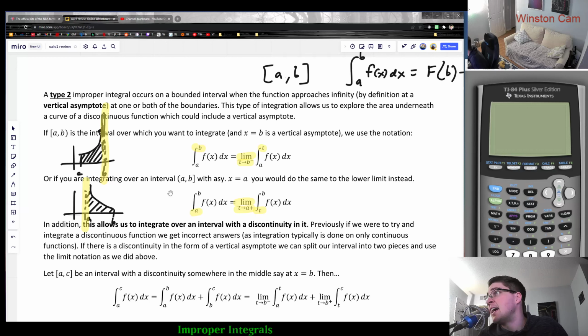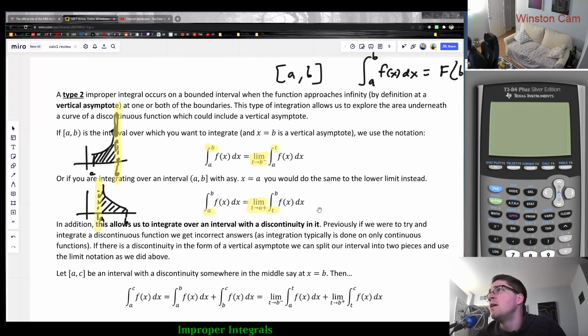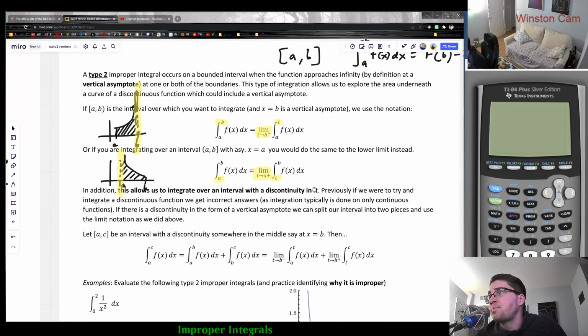Because again, since it's not defined at a, you cannot use the fundamental theorem of calculus to solve such a problem. If you do, you're going to get a weird answer or something that's just plain wrong. Basically I could check out what happens from t to b, where t would be a little to the right of a, and then we could check the limit as t approaches a from the right. And this plus should look like an exponent. It looks like it's just a graphical typo in the notation.